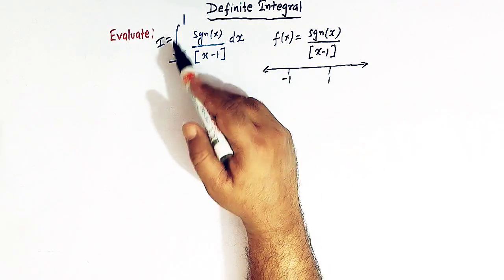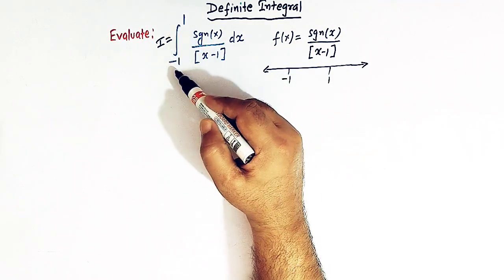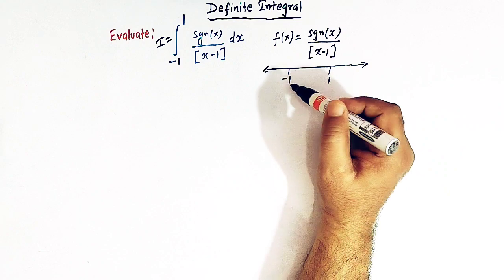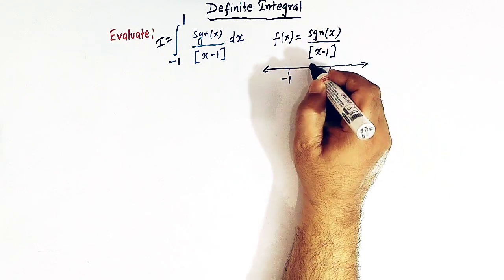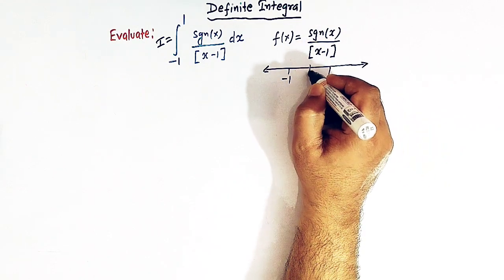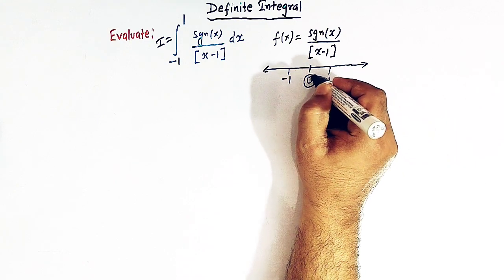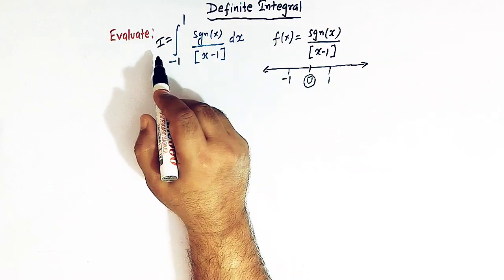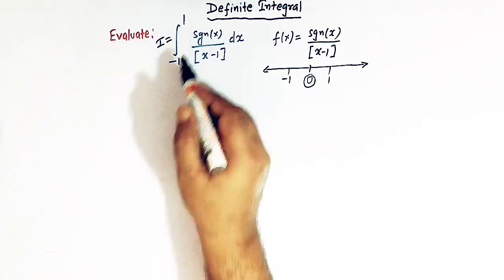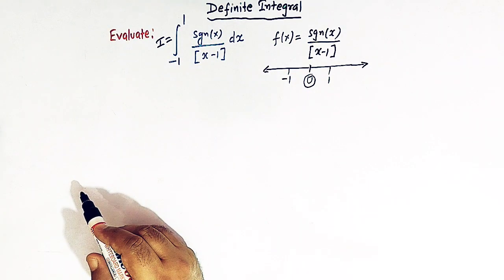And within the limits of integration, that is minus 1 and 1, we have the integer 0, right? So 0 is the point where we split this integral into two parts, right?